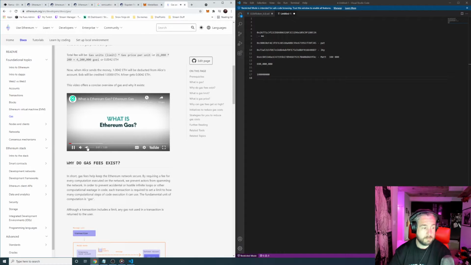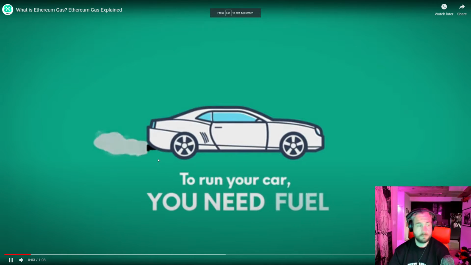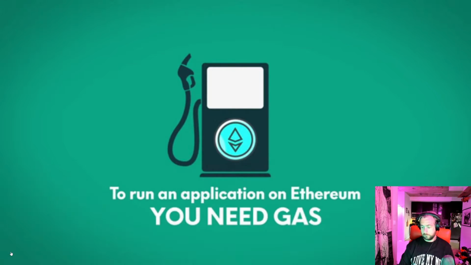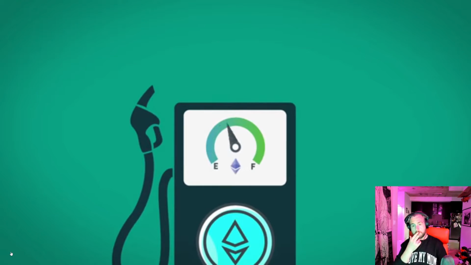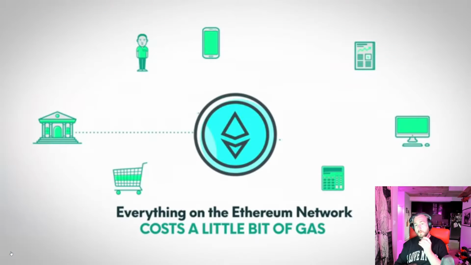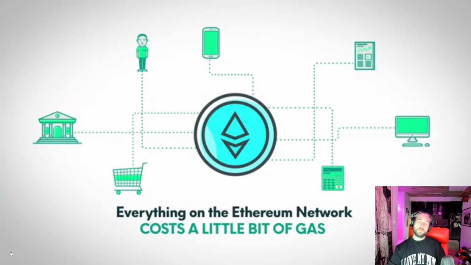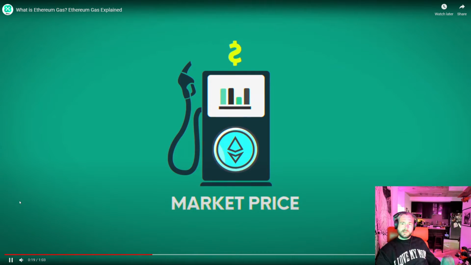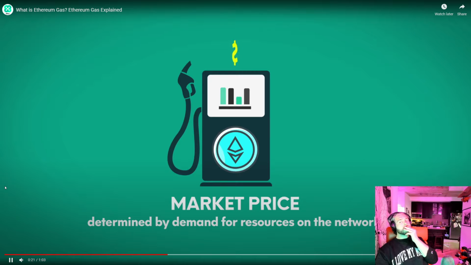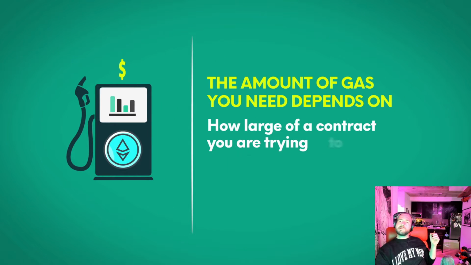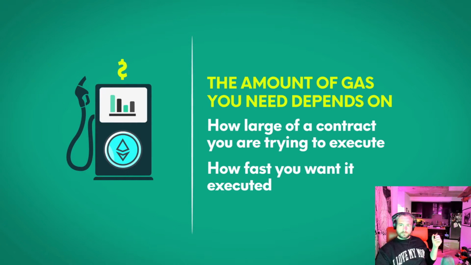What is Ethereum gas? To run your car, you need fuel. To run an application on Ethereum, you need gas. The gas mechanism makes Ethereum extremely efficient at allocating scarce resources on the network. Everything on the Ethereum network costs a little bit of gas, including transactions. Gas on Ethereum has a market price determined by demand for resources on the network. The amount of gas you need depends on how large of a contract you're trying to execute, and how fast you want it executed.